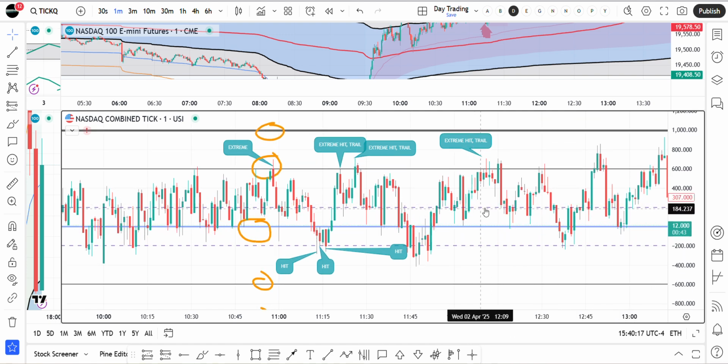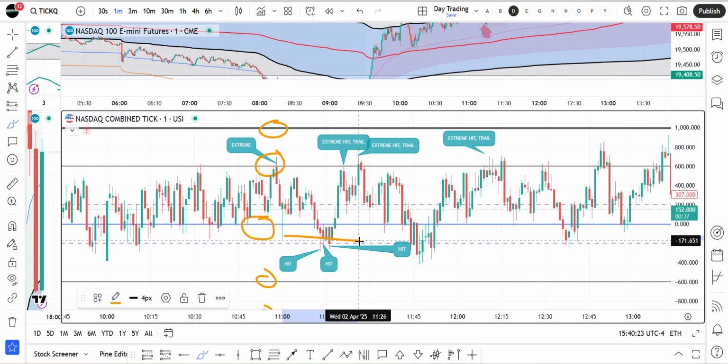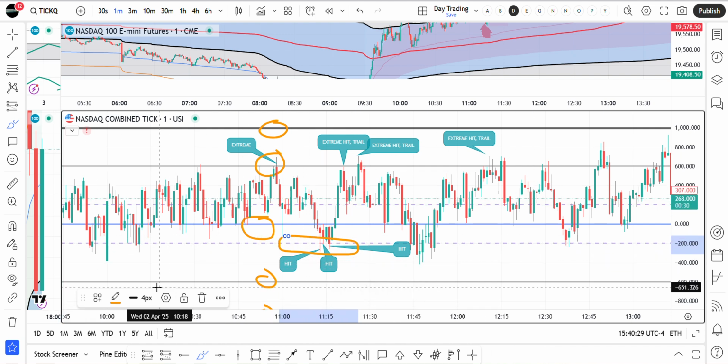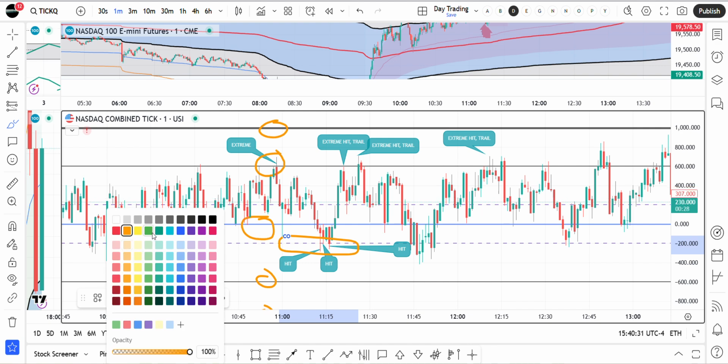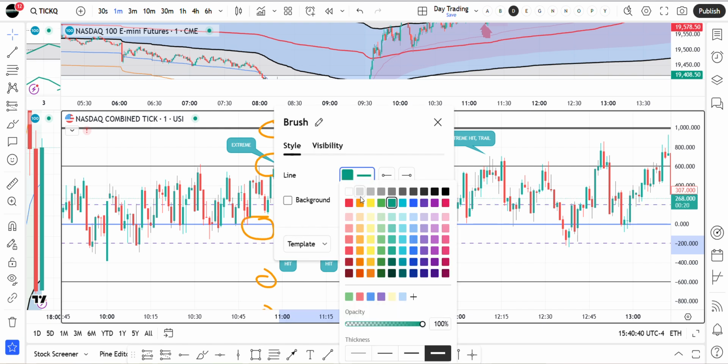So this dashed line is my trend lines. So if it hits this dash line at negative 200, I'm looking to buy. That's a good green. I'm looking to buy that.